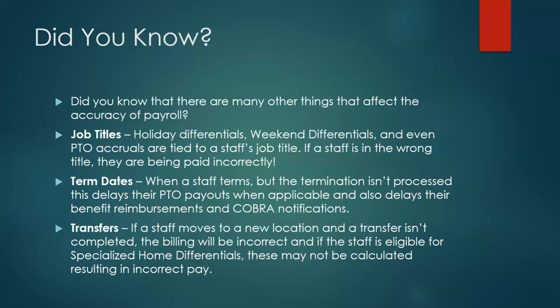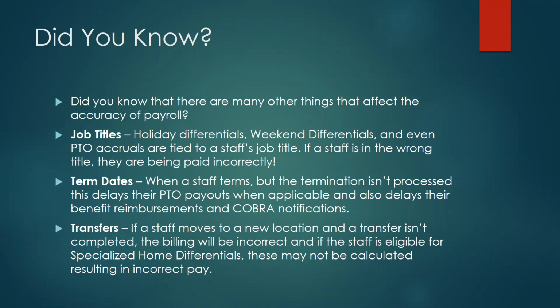When a staff terms, but the termination isn't processed, this delays any PTO payouts, if applicable, and it delays the benefit reimbursements and COBRA notifications. So again, going back to federal and state law, we only have so many days to send out COBRA notifications. We have to do that within a certain time frame, or we're under penalty.